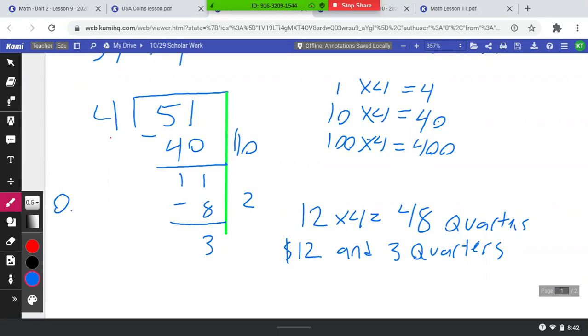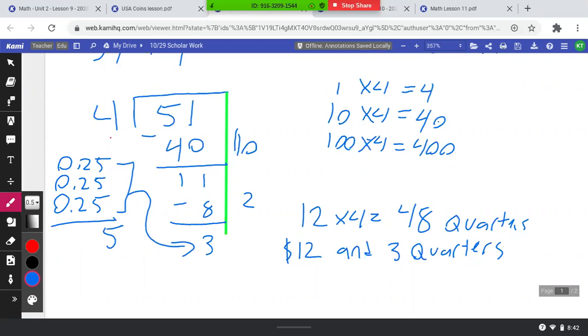Well, 1 quarter is 25, 25, 25. So I could just add this up to find the value of the remaining 3 quarters. 5, 10, 15, 2, 4, 6, 75 hundredths. So in quarters, she has $12.75.